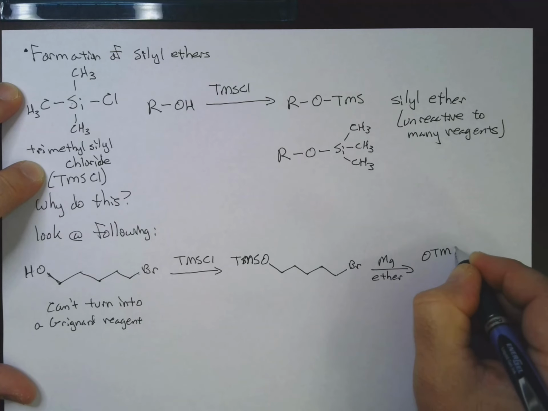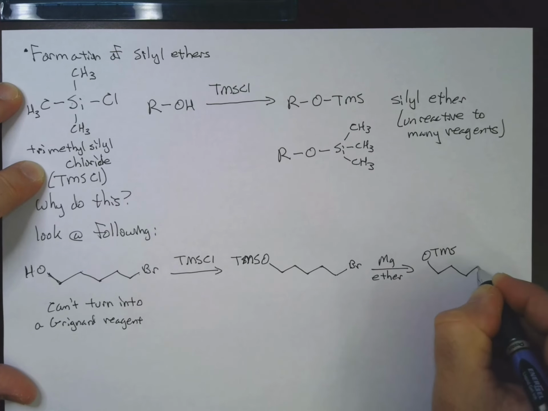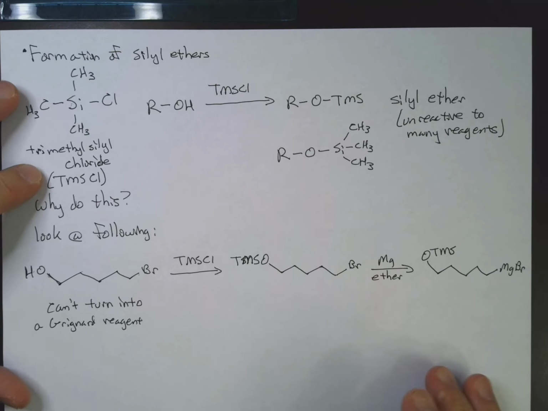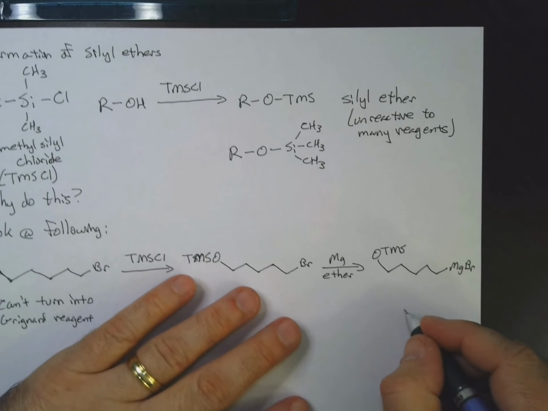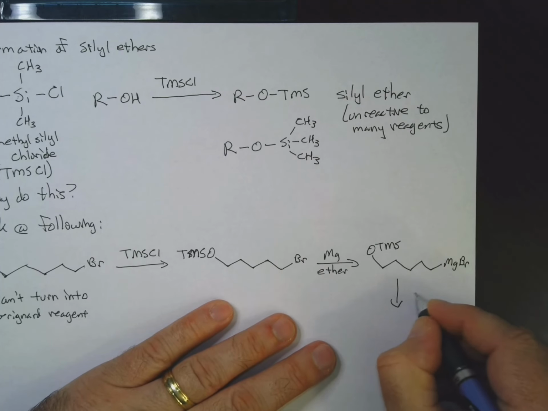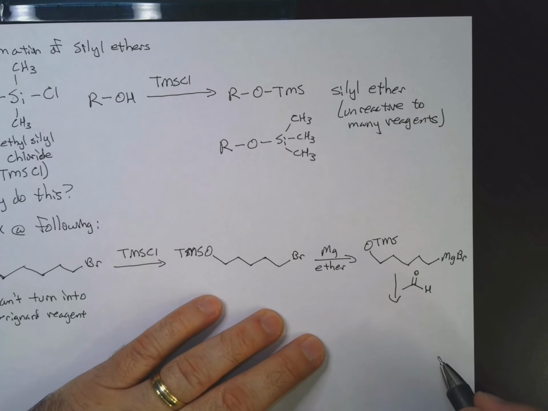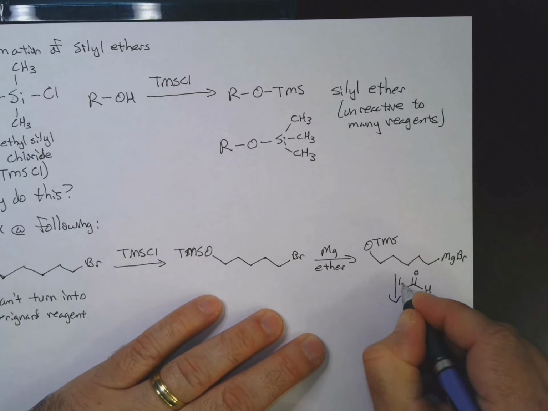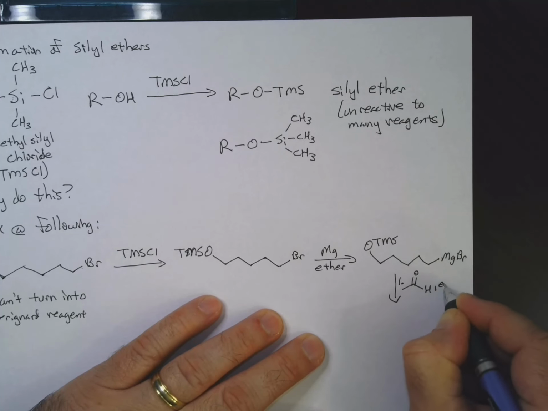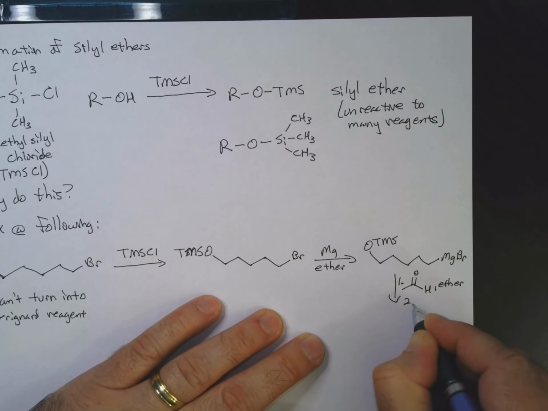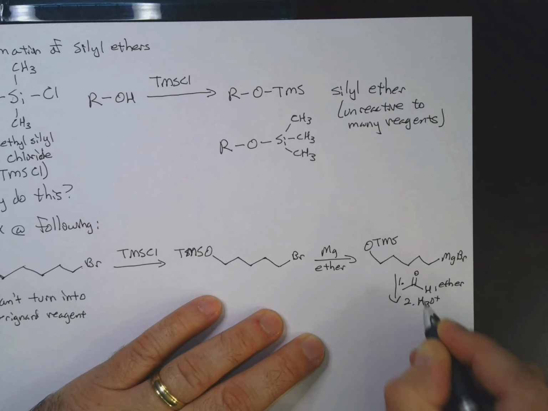I've got my OTMS, MgBr. And now I can go ahead and treat this with, I don't know, let's use acetaldehyde here. That'll be step 1, and ether as the solvent, and then step 2 is H3O+.